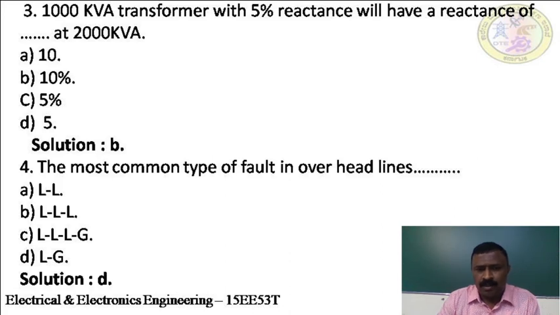Since the most common type of fault in the power system on overhead lines is line to ground fault, where one line touches the ground, the solution is D.